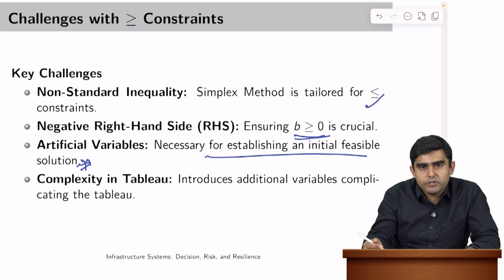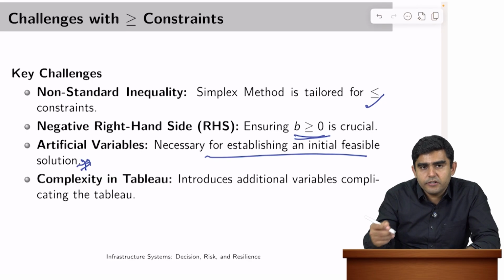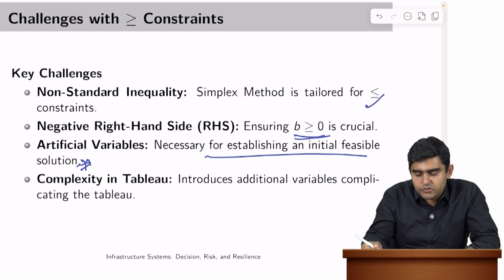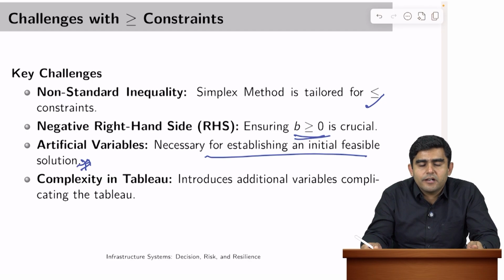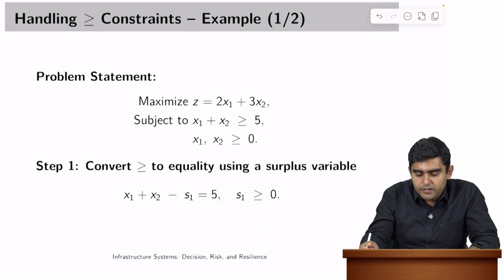We are doing that so that our first solution is basic feasible solution, and to do that we may have to introduce some additional variables like artificial variables, as we did in the case of equality constraints. Same treatment would be done for greater than equal to constraints.